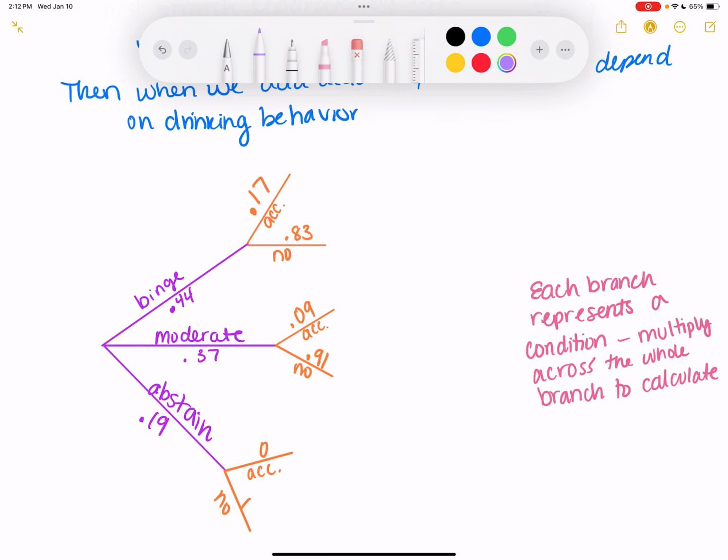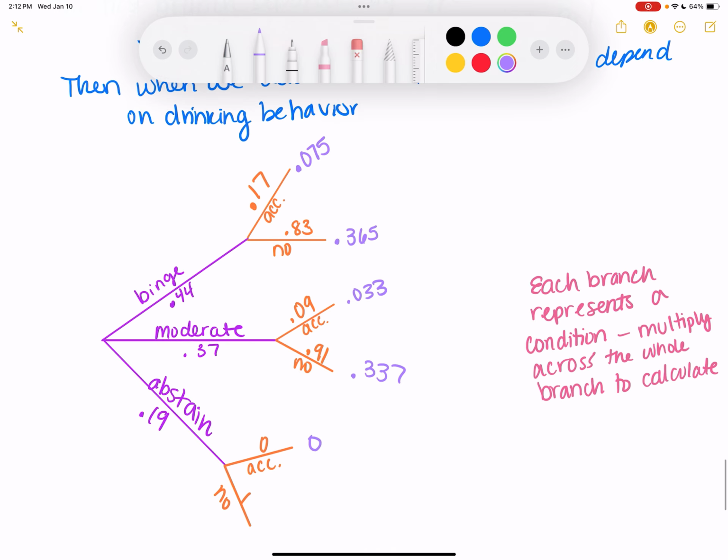So I'm going to be multiplying 0.44 times 0.17, which is 0.075, 0.44 times 0.83, 0.365, 0.37 times 0.09 is 0.033, 0.37 times 0.91 is 0.337, 0.19 times 0 is 0, and 0.19 times 1 is 0.19.